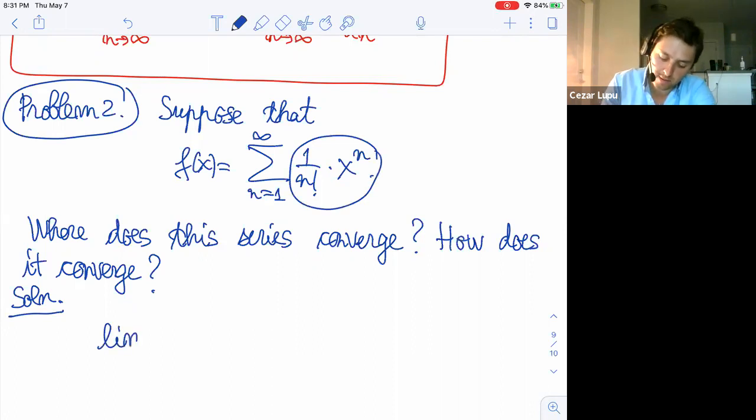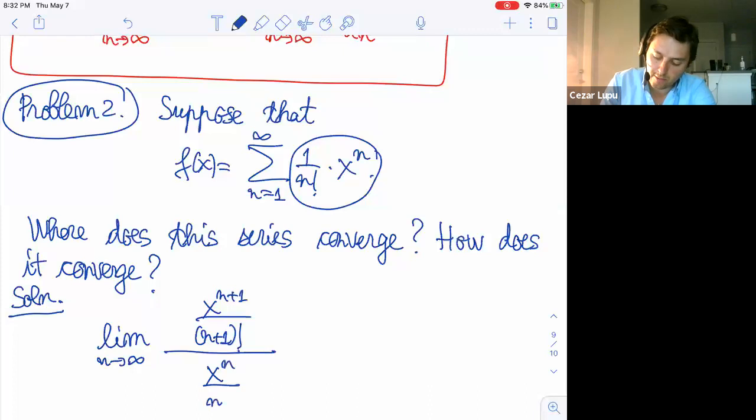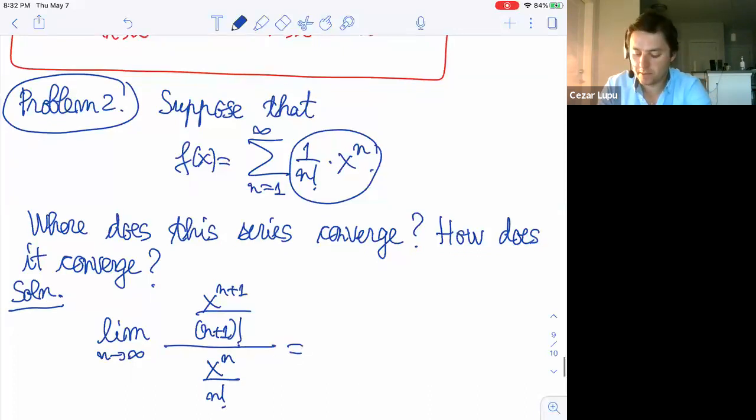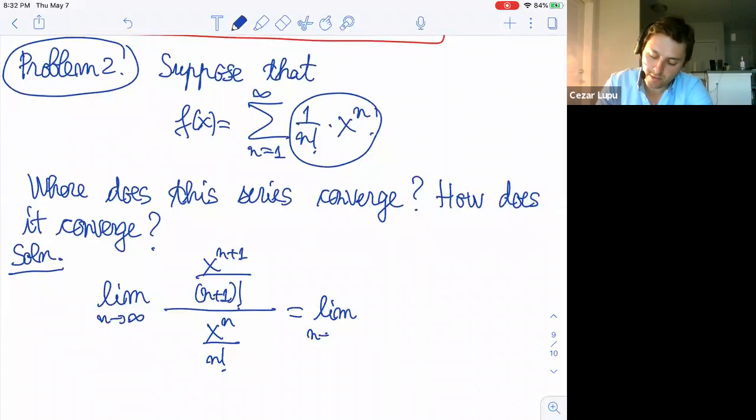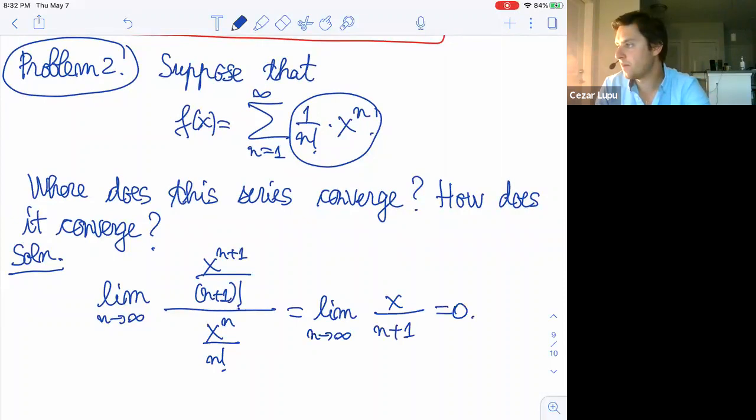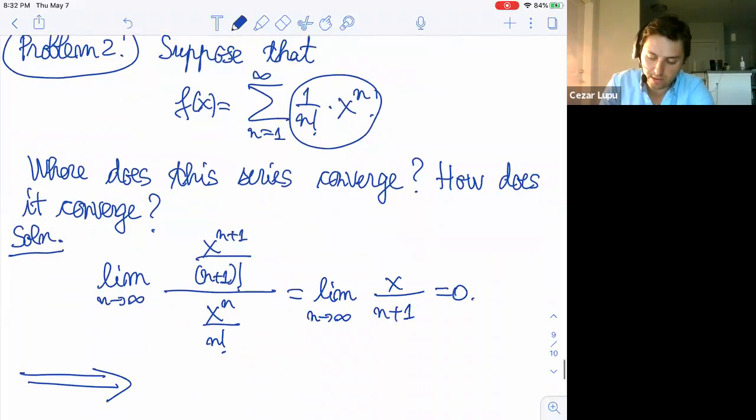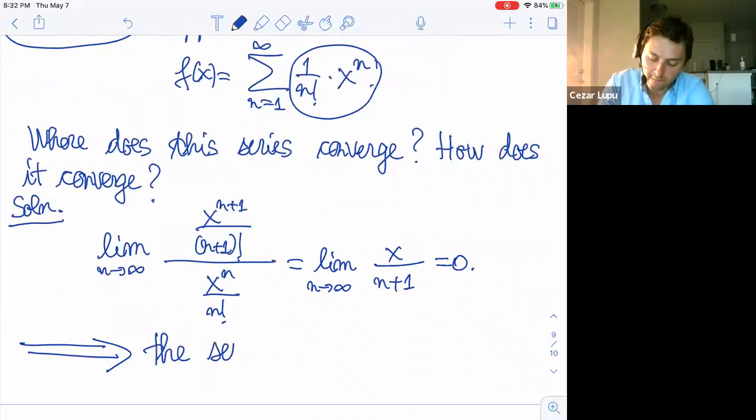We have that the limit of x to the power n plus 1 over n plus 1 factorial, over x to the n over n factorial, is nothing else than the limit as n approaches infinity of x over n plus 1, which is 0. Therefore, since this is 0, the series converges for all real x.